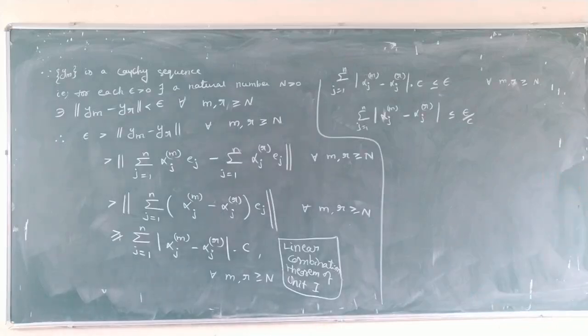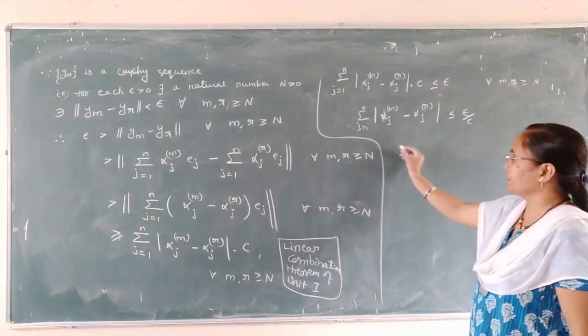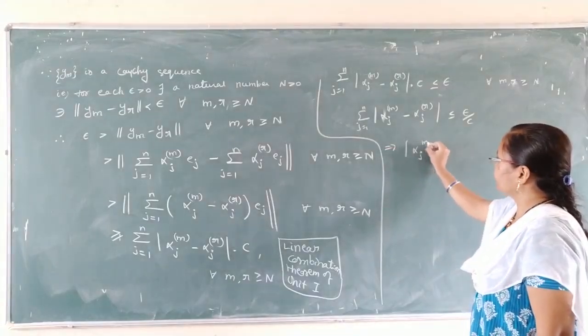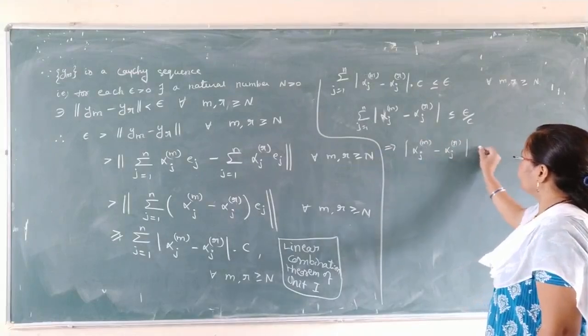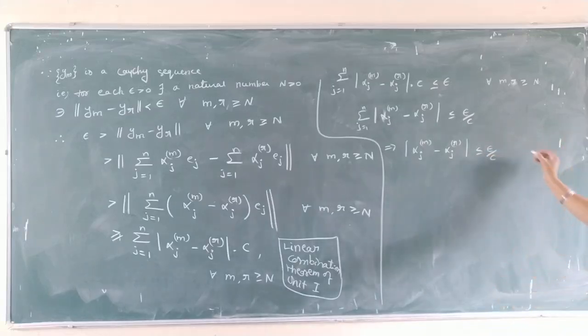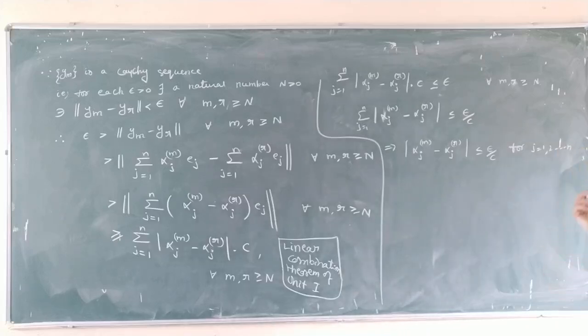In the next line, we have to eliminate the summation and write modulus of alpha jm minus alpha jr, which is less than or equal to epsilon by c, eliminating the summation. That's why here we are writing for j is equal to 1 to n, instead of writing the summation.